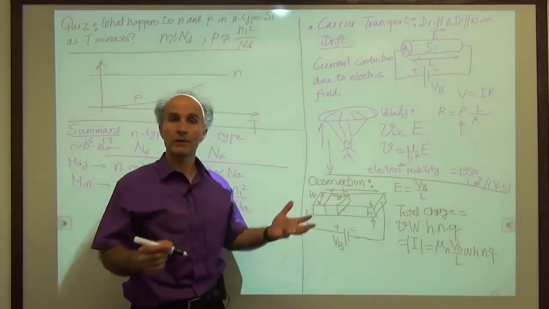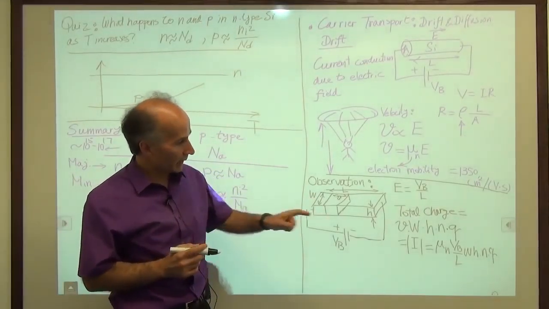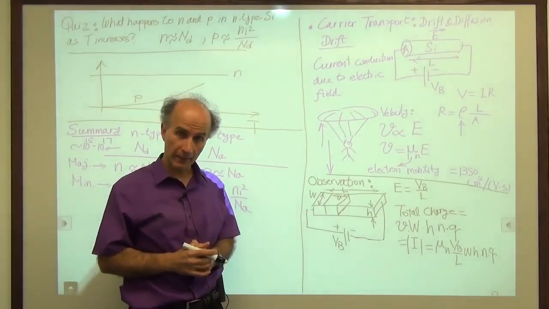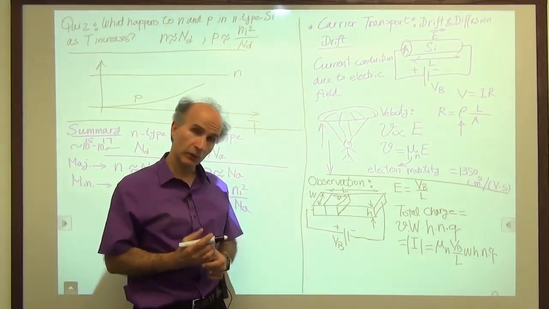We have lots of parameters lying around, but that's okay. So that is the total current that passes through this piece of semiconductor in response to a voltage V_B.